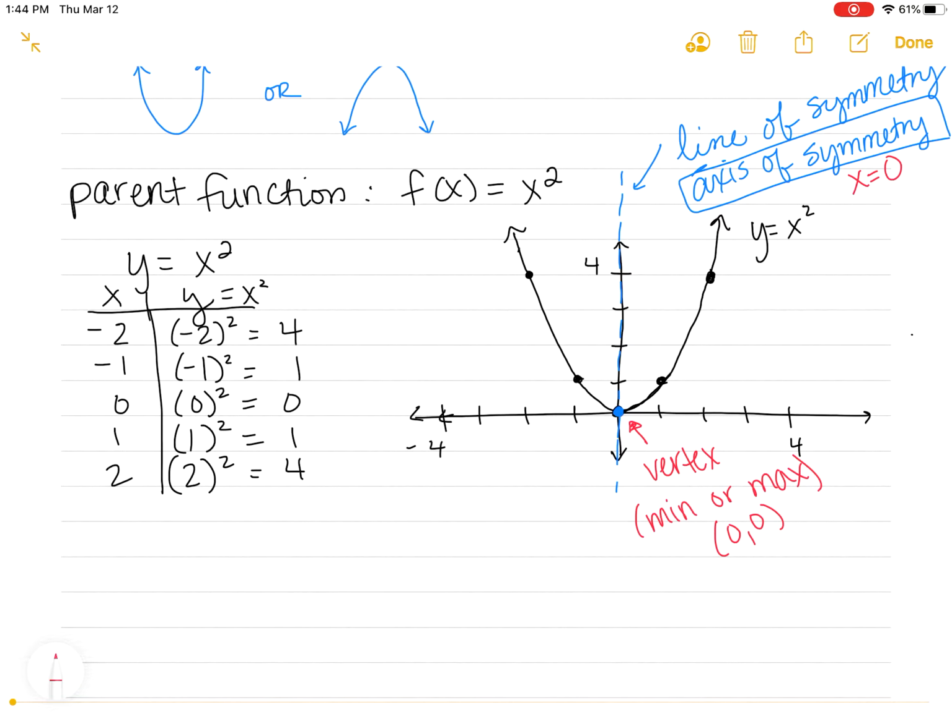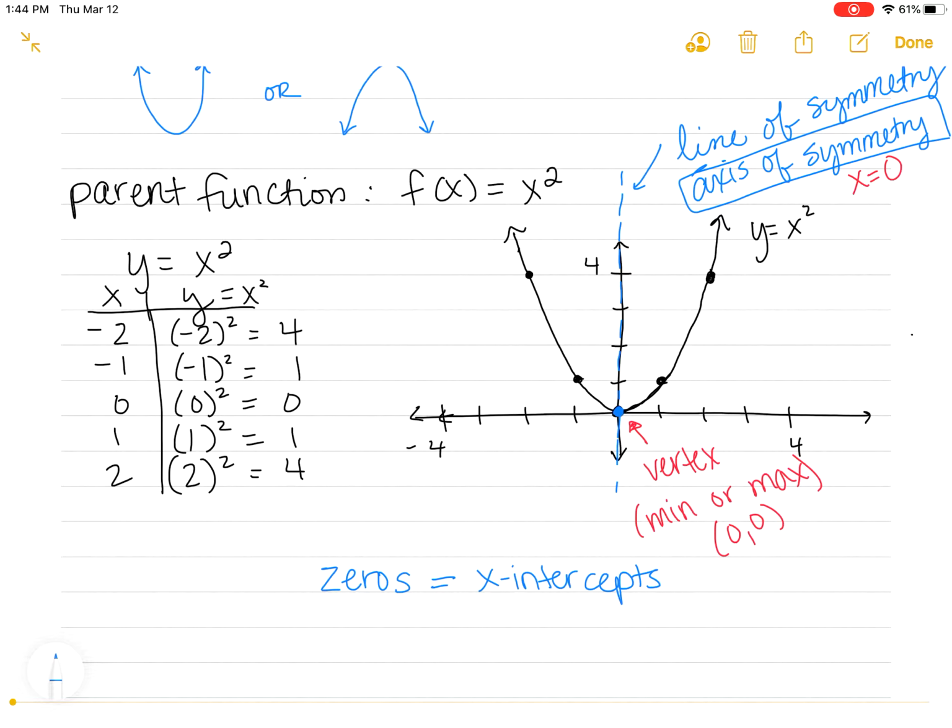All right. There are a couple other vocabulary words that show up as we move forward in our Algebra 2 topics, and one of them is zeros. Zeros are your x-intercepts, so that is a synonym for x-intercepts.